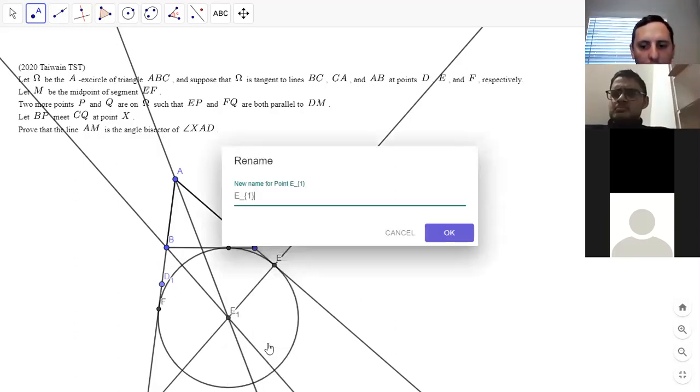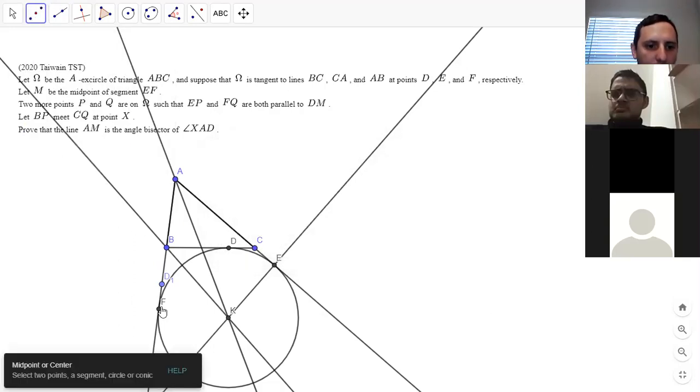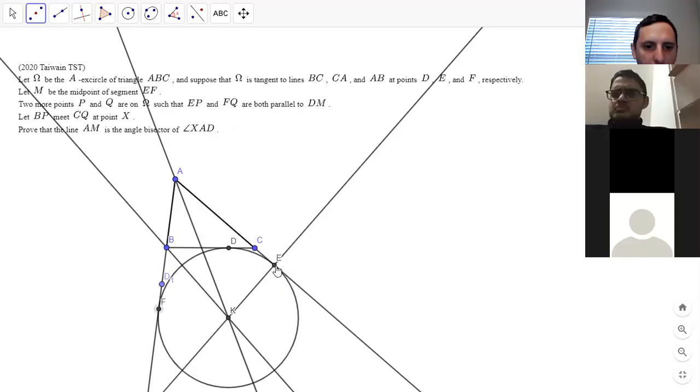I don't know what's a good letter for the excenter. I'll just call it K. So the midpoint of EF, that's M.